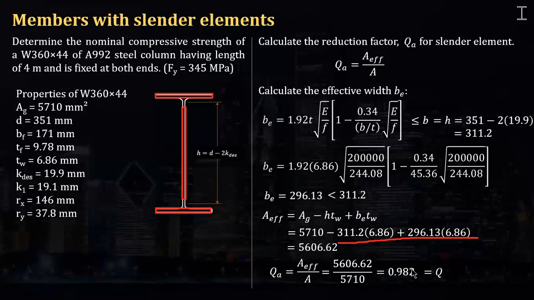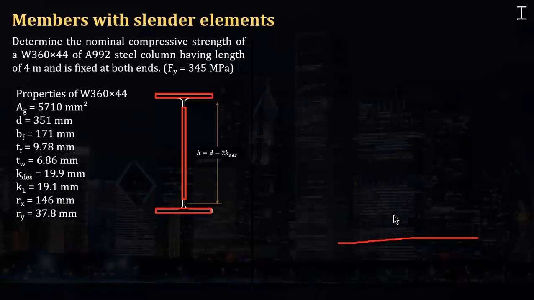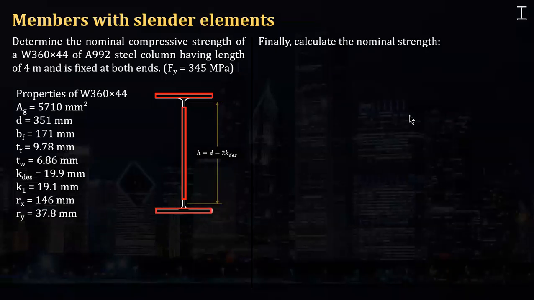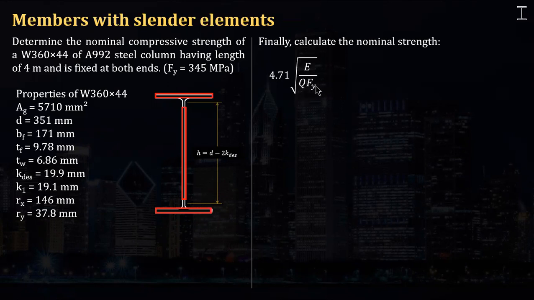So 0.982. After that, use that 0.982 in calculating the slenderness ratio. Sorry for that. So the slenderness ratio would become this: 4.71 square root of E over QFy, I mean the adjusted limiting slenderness ratio for inelastic buckling, including that Q of 0.982.